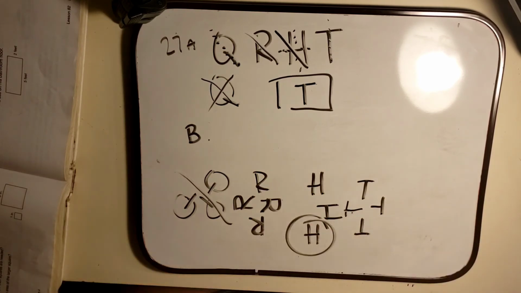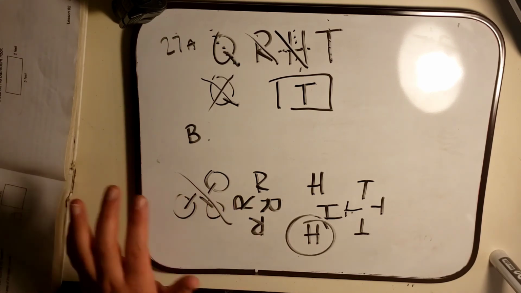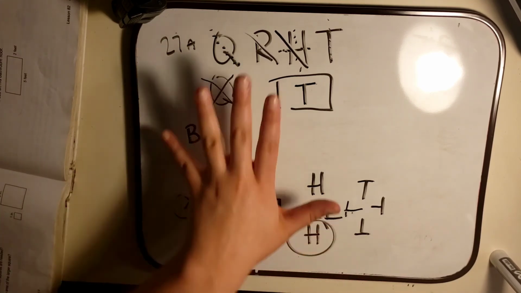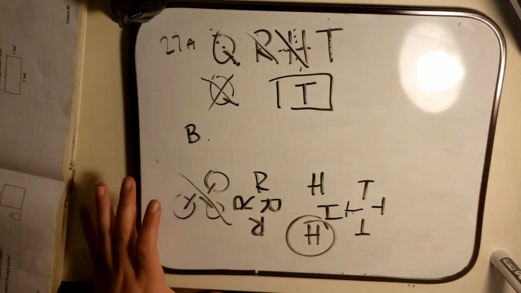So the answer is H. These ones are also fun to do in person because there's so many cool things you can do with it. I remember doing stuff like this in art class in high school. So, but this is how we can rotate it, and it will be rotational symmetry.